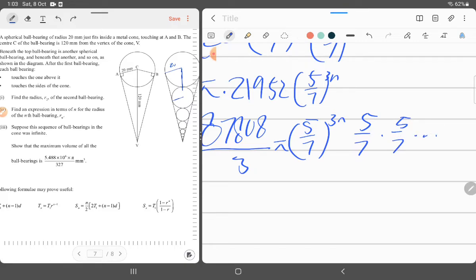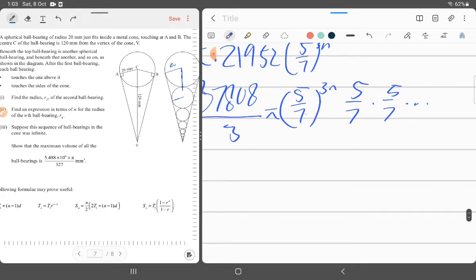So then, actually, can you just 1 over 1 take away 5 over 7 cubed, is that it?